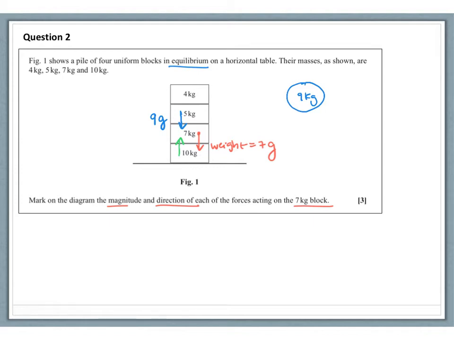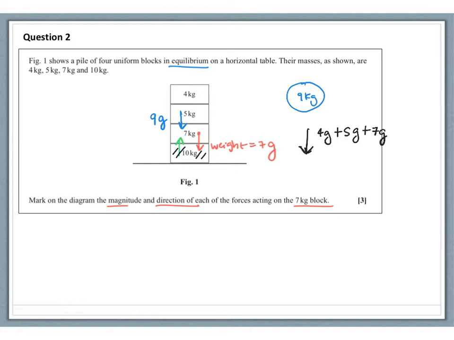Now, what's the magnitude of that force? Well, if you think about the forces acting on the 10 kilogram block, it's going to be affected by the force of the 4 kilogram block, the 5 kilogram block, and the 7 kilogram block, i.e. their 3 weights combined.